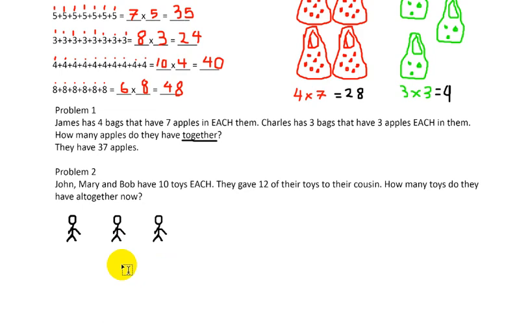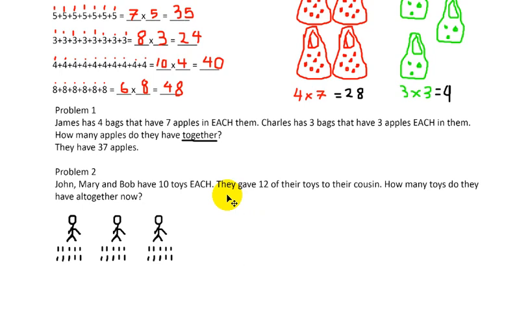Now each of them has 10 toys. Can't really draw the toys, so I'm going to make sticks instead of toys. So we're going to do 1, 2, 3, 4, 5, 6, 7, 8, 9, 10. And the same. Let's do the same. 10 more for Mary, and 10 more for Bob.